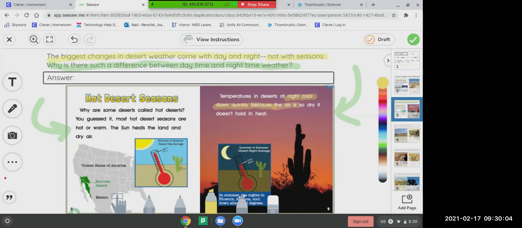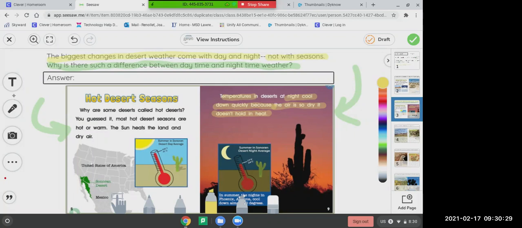The air is so dry, it doesn't hold in heat. Okay, so what we're learning is that during the day, it can be very hot, but at nighttime, the temperature is cool because the air is so dry.